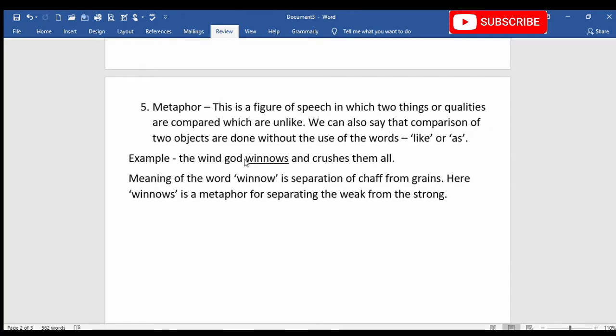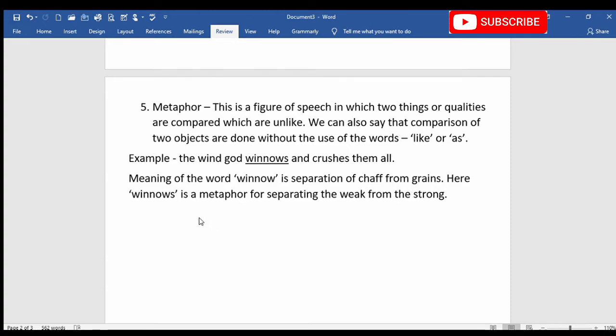The wind god winnows and crushes them all. Here the meaning of the word winnows is separation of chaff from grains. Now here winnows is a metaphor for separating the weak from the strong. So it is also separation that the wind does, the wind god winnows, but it is not separating chaff from the grains, but it's separating weak from the strong.